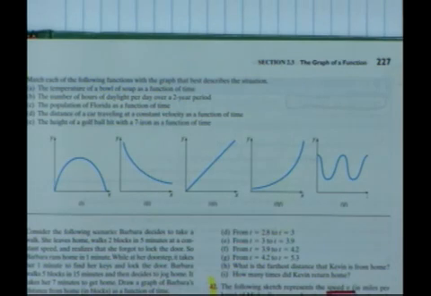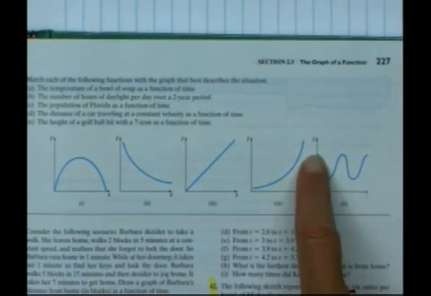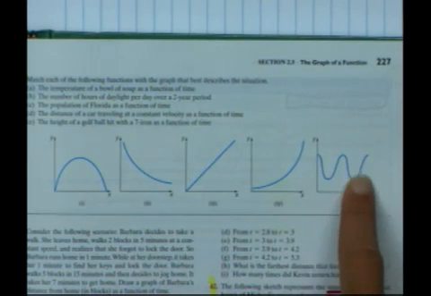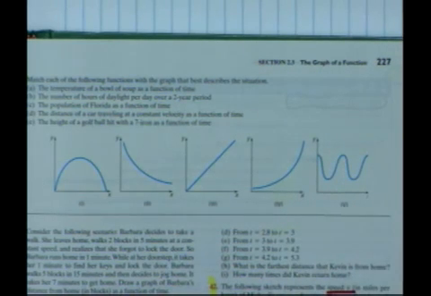Which one looks like it's going to plot your number of daylight hours every day over 2 years? It looks like the fifth one, right? Because you got your daylight hours and then you don't have so many. Remember your shortest day is in December and June is your longest, right?